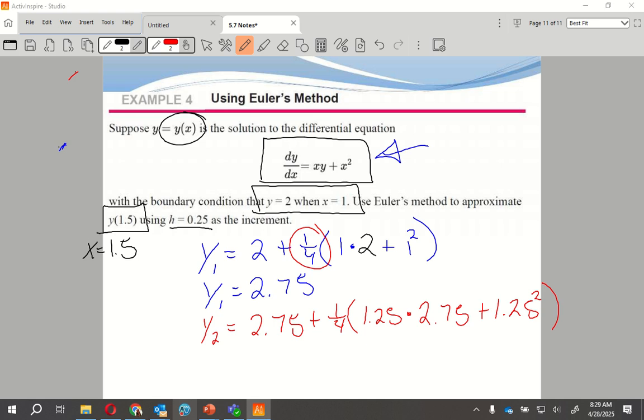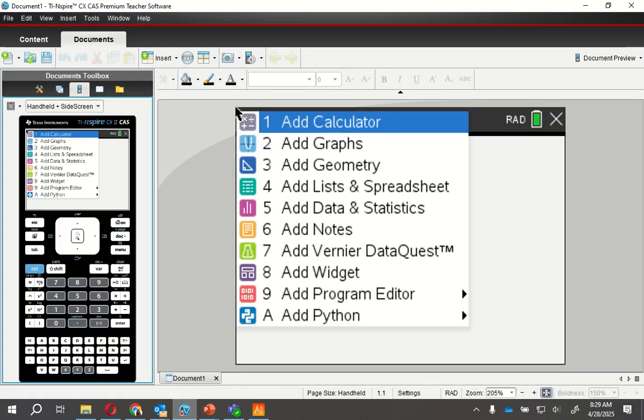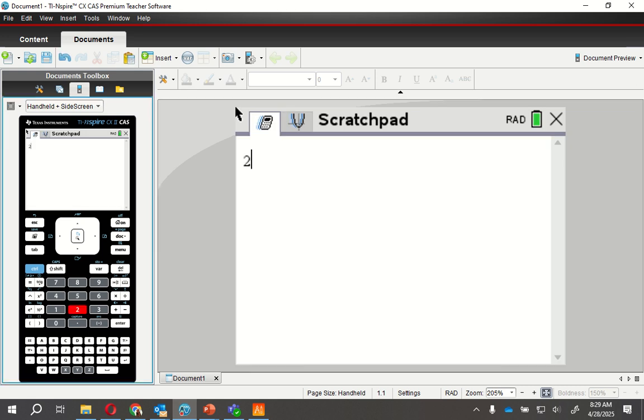And yes, you could use a calculator on these, because I really don't want to do all that multiplication. Alright, so we had 2.75 plus 0.25 times quantity of 1.25 times 2.75 plus 1.25 squared.